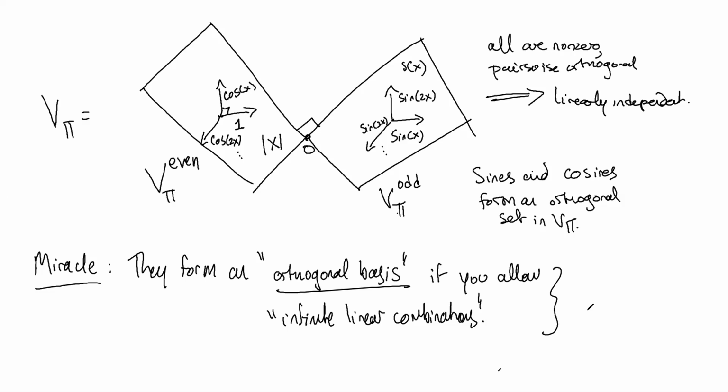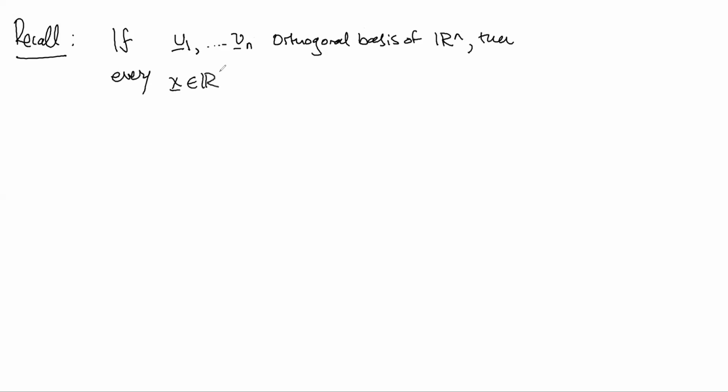Okay, so what's the motivation? Recall, if you have some vectors that are an orthogonal basis of Rn, then every x in Rn can be written as a unique linear combination of them, with coefficients given by inner products divided by the norm squared.